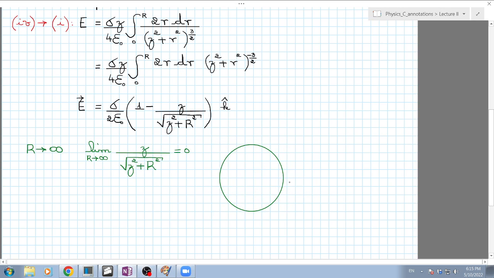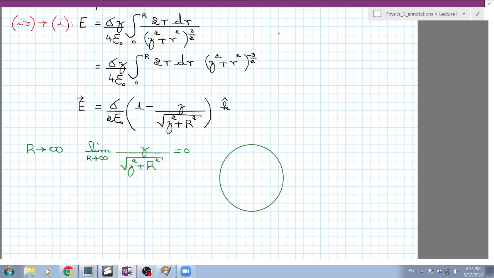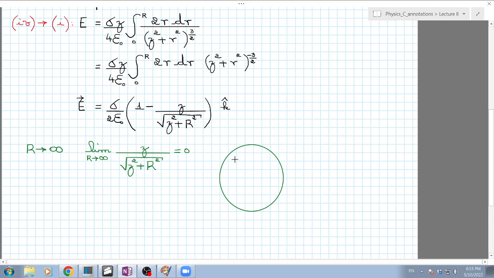That means that all this is increasing, increasing, and increasing. What you have here is an infinite plane, right? It's increasing.